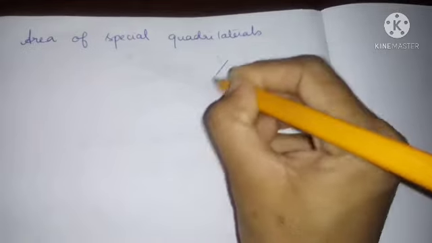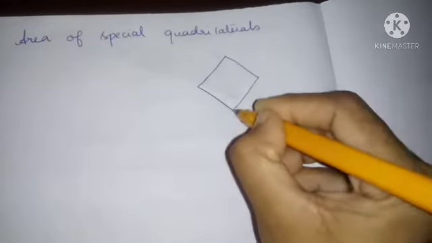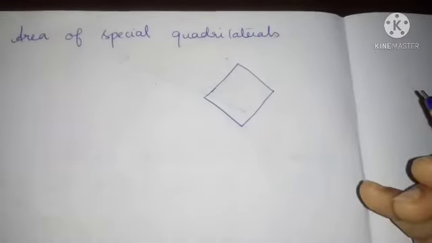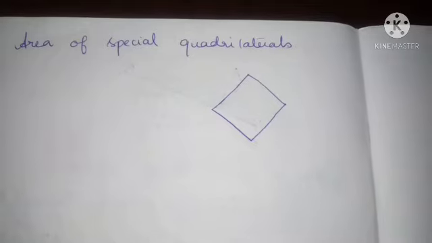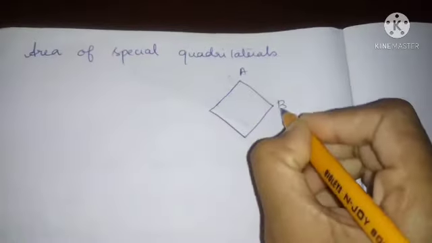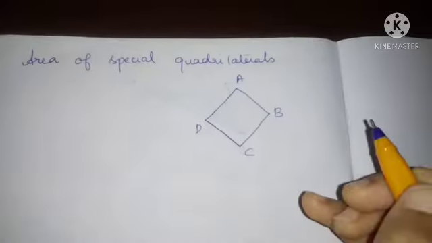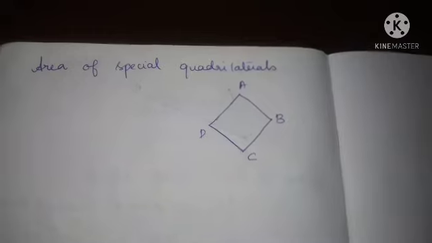All four sides are equal, but the angles are sometimes not equal. Many properties are there. So I am going to write ABCD is a rhombus, and draw a line.